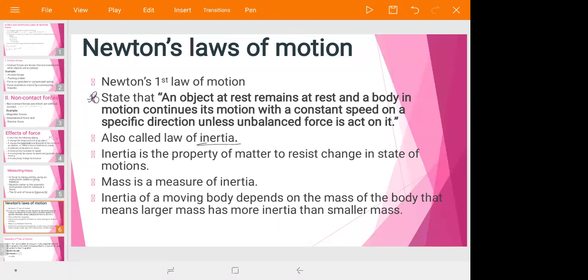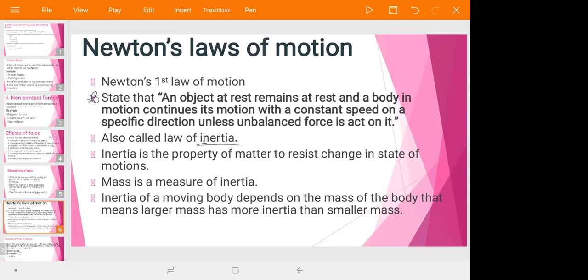Haven't you seen this? Towards the back. Therefore, your body resists starting motion, because it was at rest, so it wants to continue at rest.